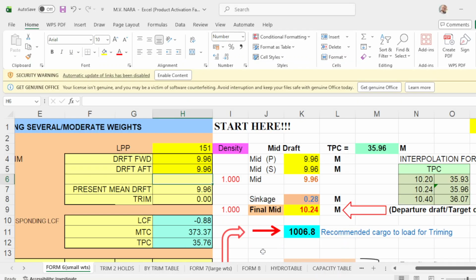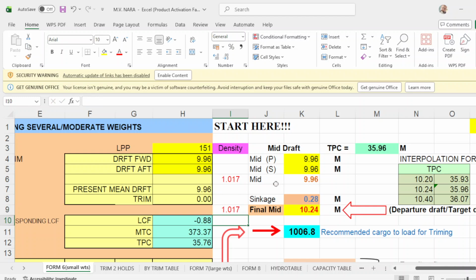Now assuming our density here is 1.017 and our density at our final operation is 0.17. Okay, this one is loading only. There is no discharge of ballast.